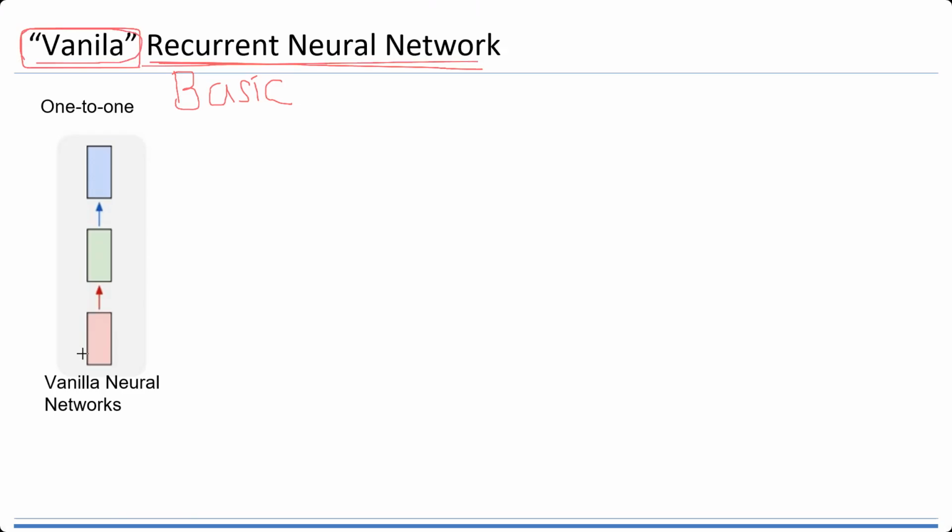In the vanilla recurrent neural network, we have the format one to one. It means we have one input, we do the process, and we have one output.